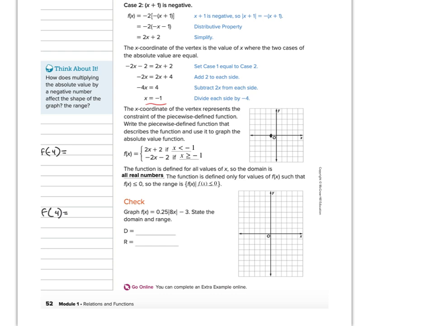Here, when x is less than -1, I'm going to use that function. So that would be 2 times -4 plus 2, which is -8 plus 2, which is -6. So I have the ordered pair -4, -6. I should have picked something closer, huh?